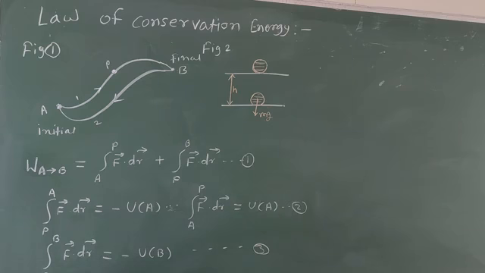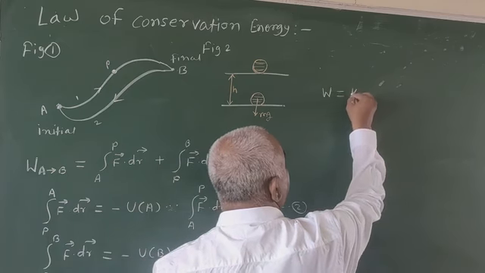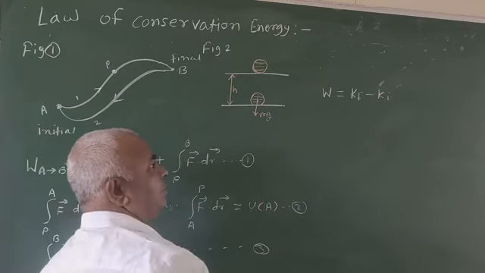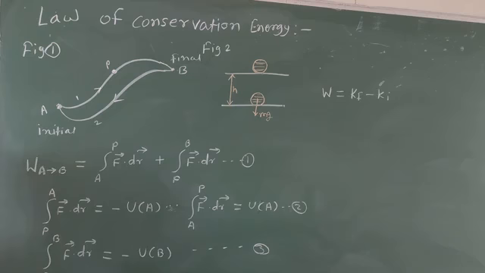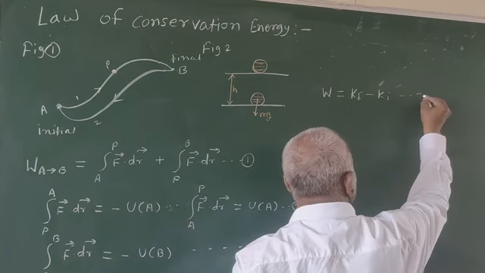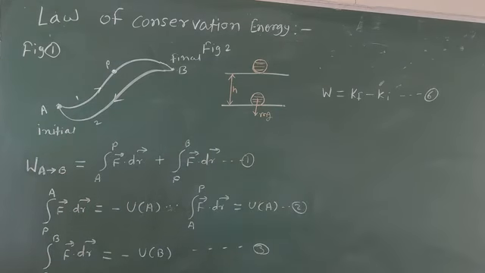And according to the work energy theorem that we discussed in the last lecture, we have W is equal to Kf minus Ki. Then there are two equations for the same quantity.